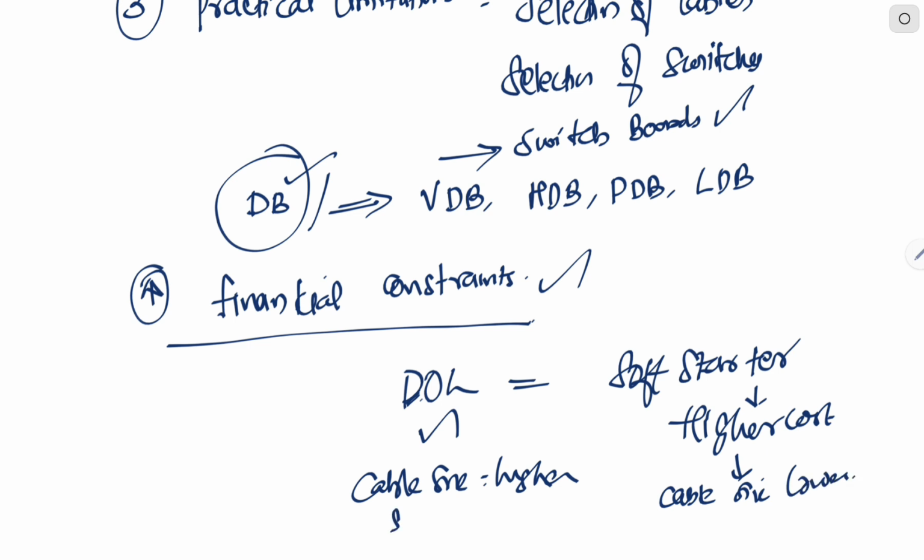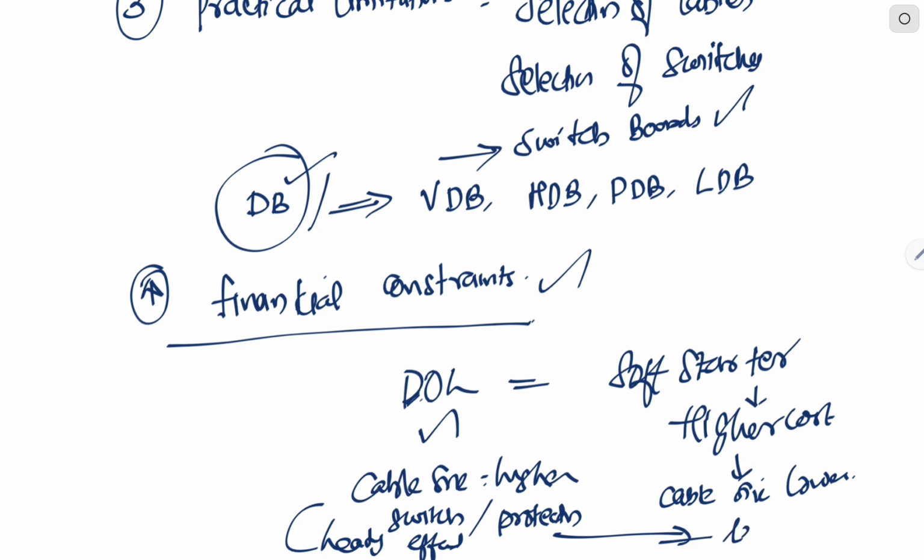So again, the switches and protection mechanism, everything, the heating effect will be much higher here. While we are using the soft starters, the cable size and switches and other protection mechanisms, everything is less complicated.